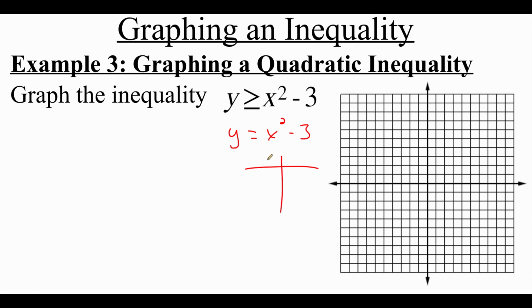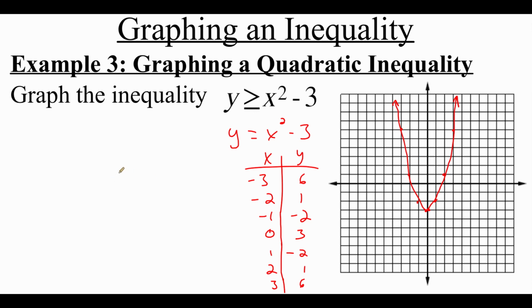And if we need to make an x and y table for this in order to get some ordered pairs, that's fine. So these are the ordered pairs that I'm going to plot out to give me my boundary line. Now, because my inequality does have the equals to line, then I'm going to draw out the graph with a solid line. So we get a graph that looks something like that parabola.